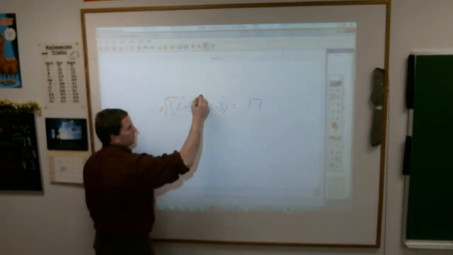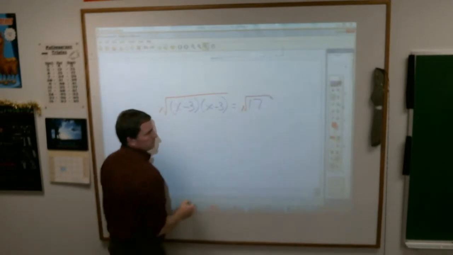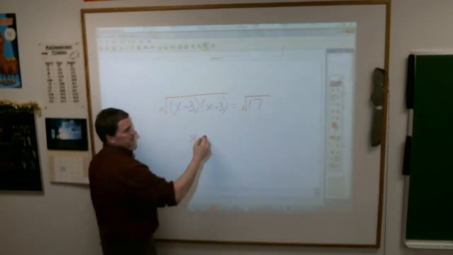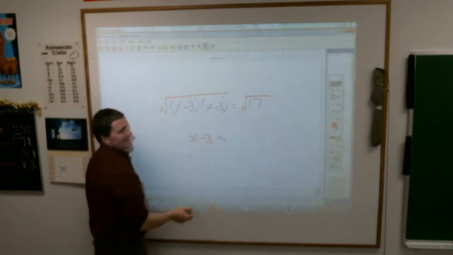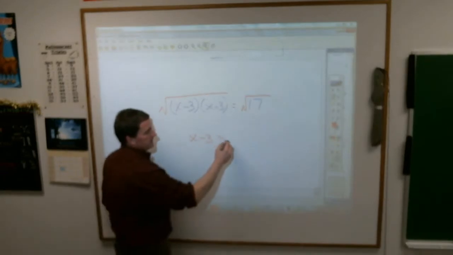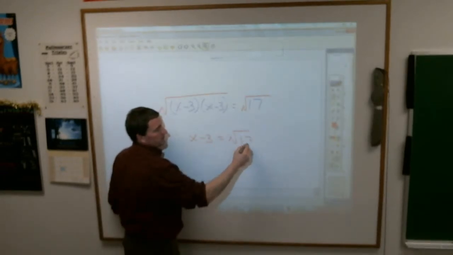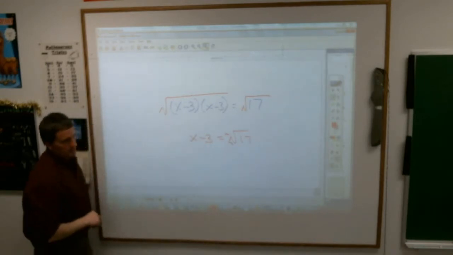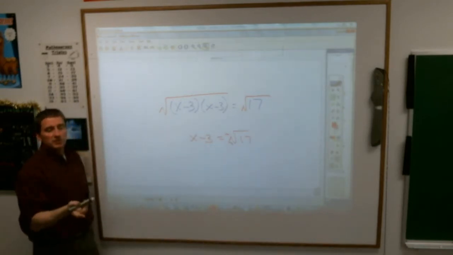You still take the square root, you still take the square root. Square root of this is simply x minus 3. You cannot do anything with the square root of 17, so you just have to leave it as the square root of 17, but it is still plus or minus square root of 17. And unfortunately, your answer is just going to look like this.